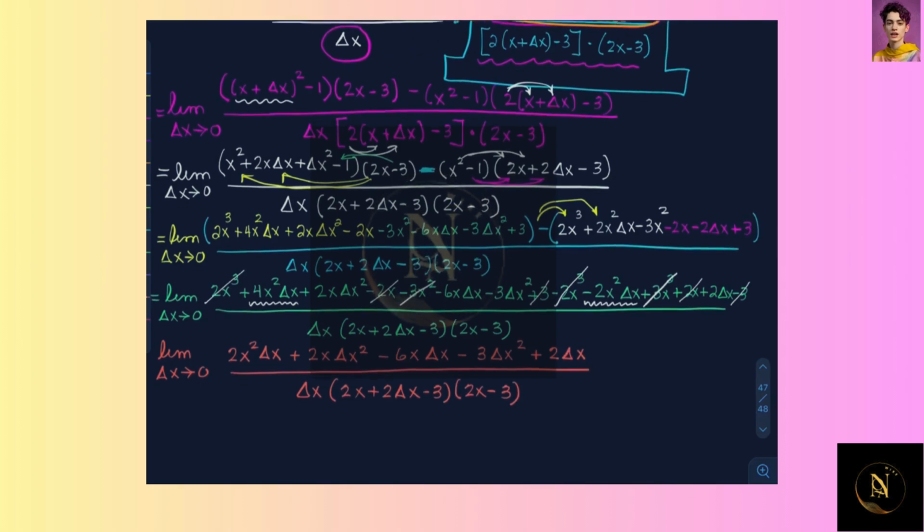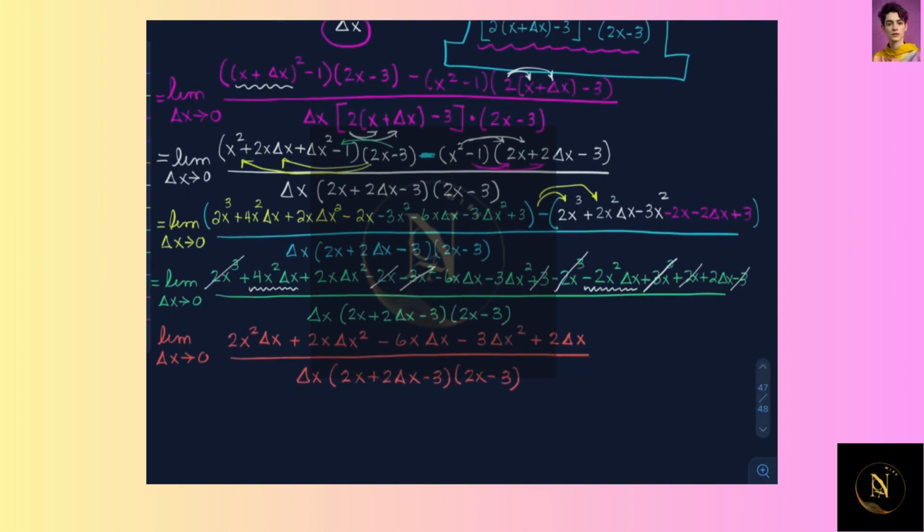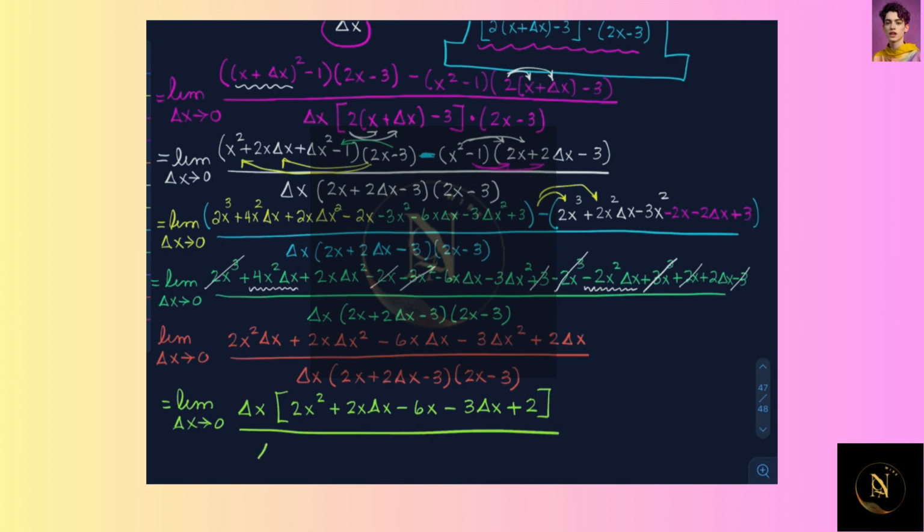Now in the numerator, if you look closely, you will see that there is a greatest common factor. So you can now factor out a delta x, leaving you with 2x squared plus 2x delta x minus 6x minus 3 delta x plus 2 over your 3 factors.